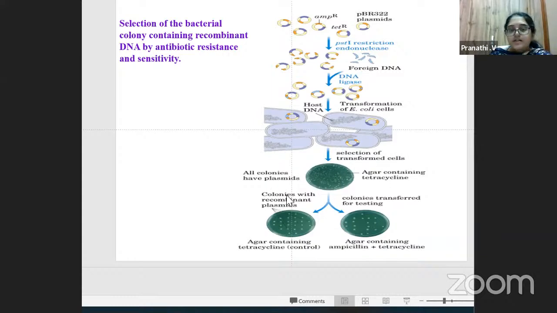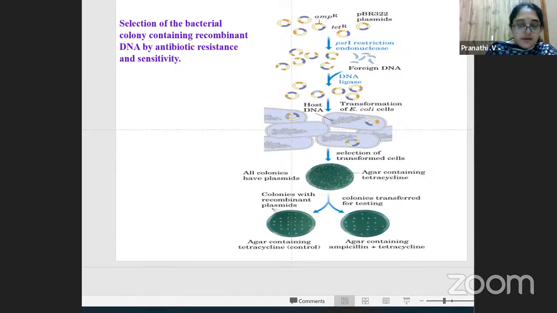This is done by hybridization of the nucleic acids. Because of this, you have colonies with the plasmids on the agar containing tetracycline. Colonies with recombinant plasmids are present and transferred for testing. So this is one bacterial colony with the recombinant plasmid that can be seen.